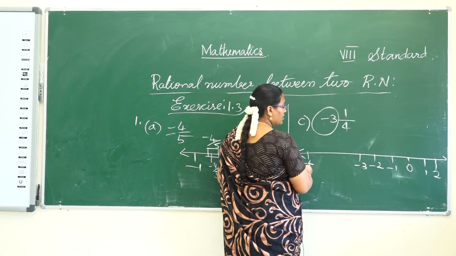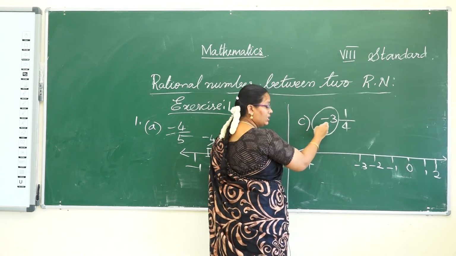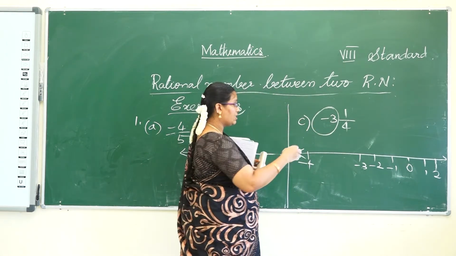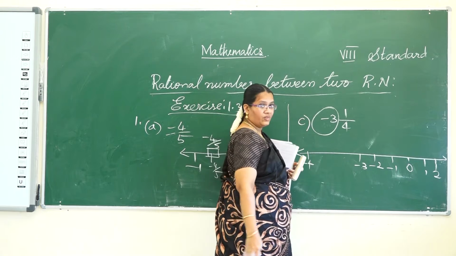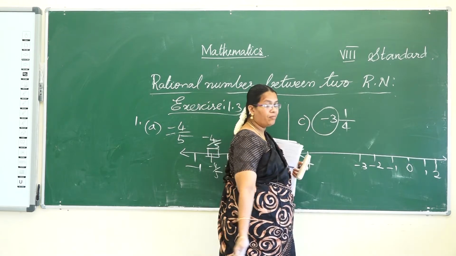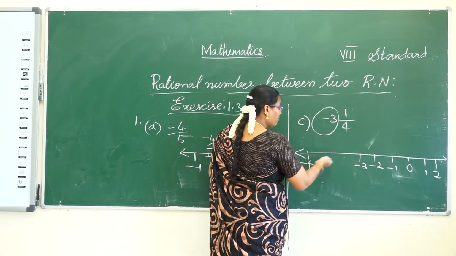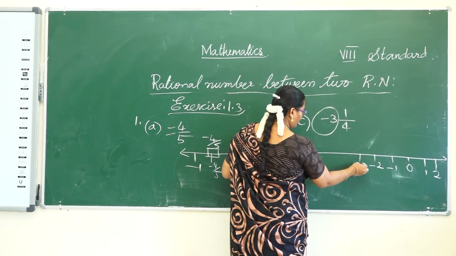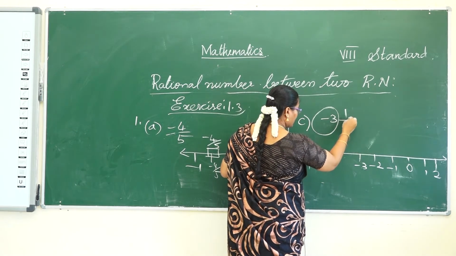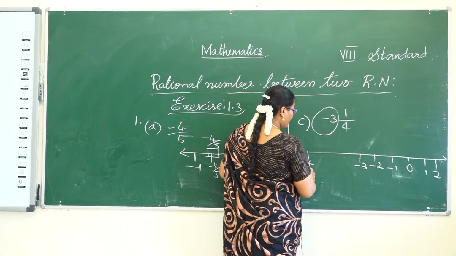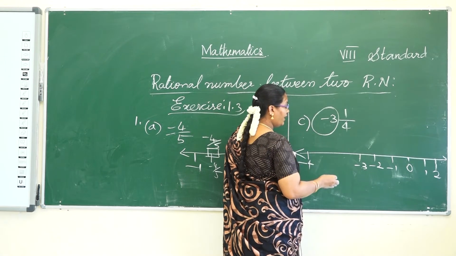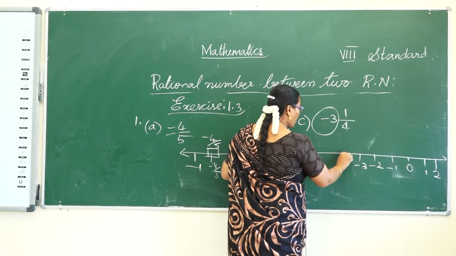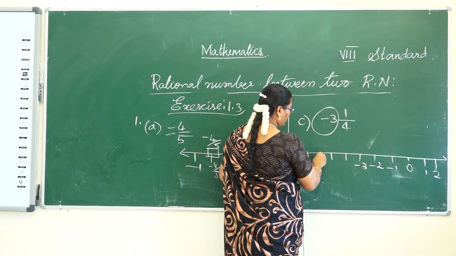Why do you write like this? So that the whole number minus 3 lies between them. It's one of the integers, it's one of the rational numbers, so it lies between minus 3 and minus 4. Next, in between minus 3 and minus 4, it's divided into 4 equal parts: 1, 2, 3 and 4.